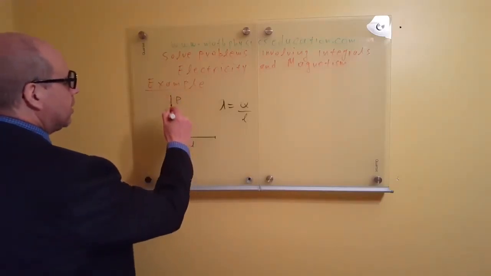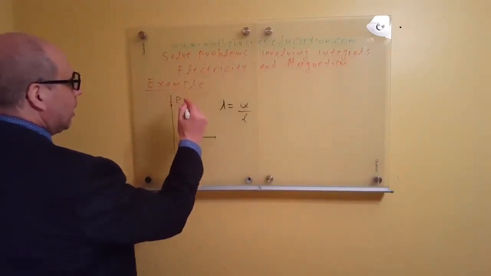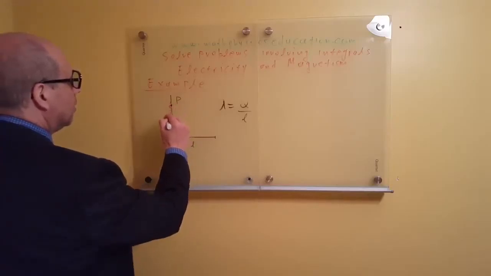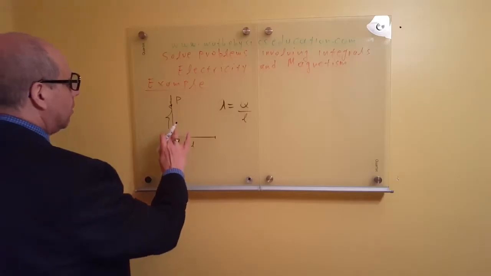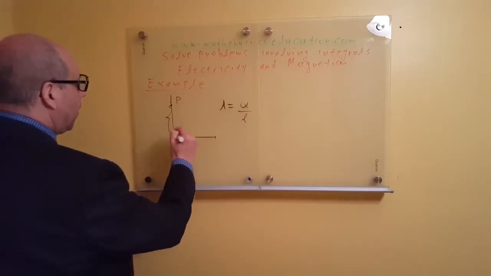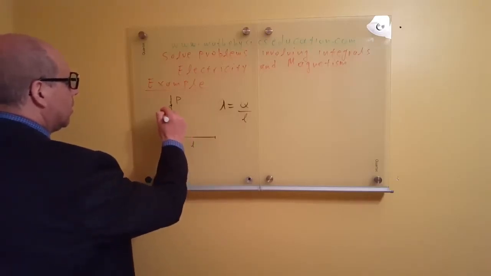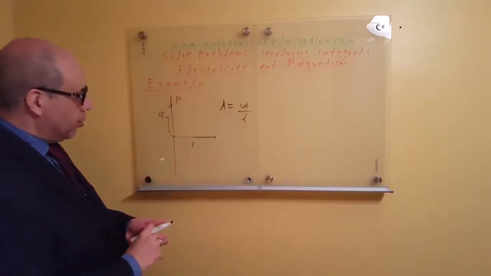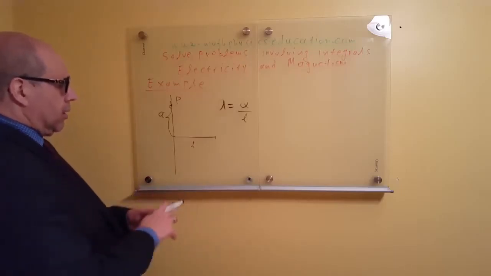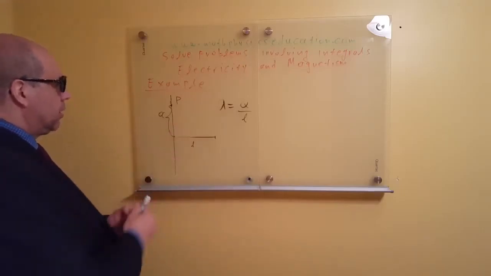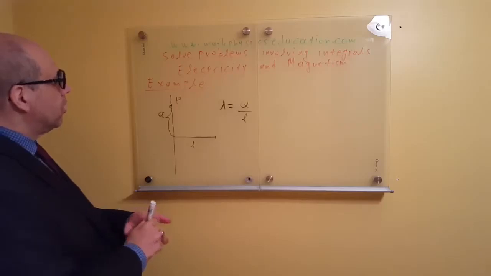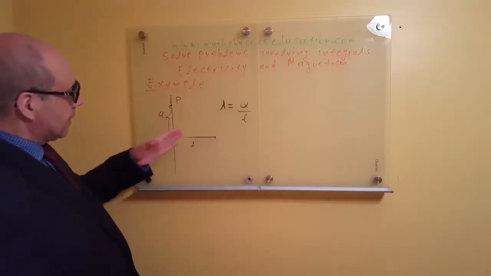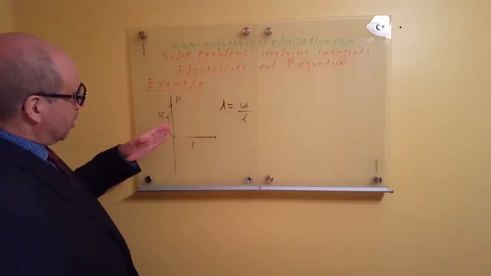That's why lambda, the charge density, is equal to Q over L, where L is the length of the rod and Q is the total charge on the rod. So the question is to find the potential at a point P on the y-axis, which is at distance A from the start of the rod.